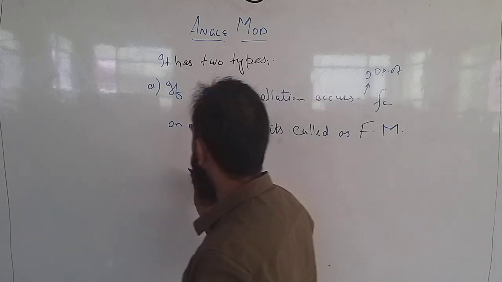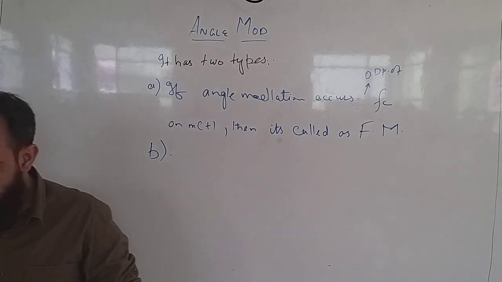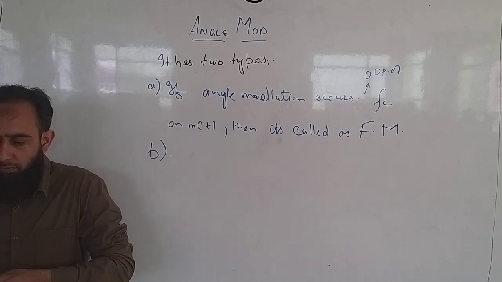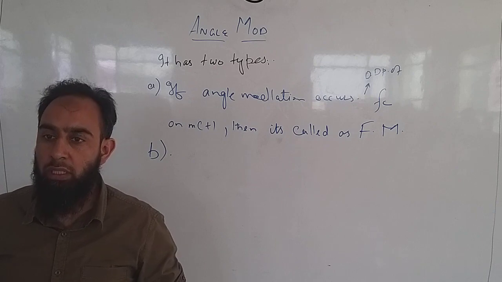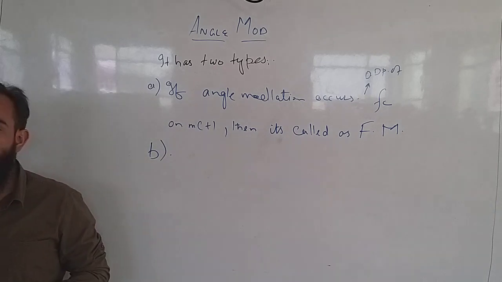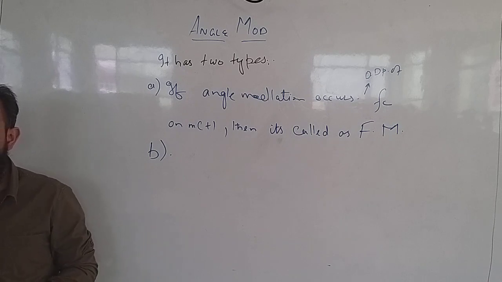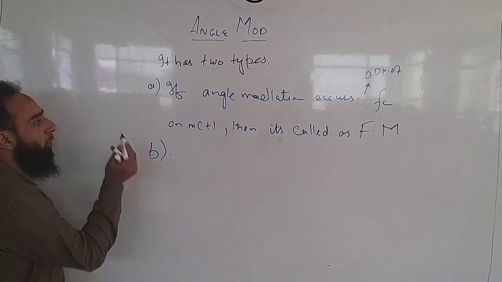However, in the second case, if angle modulation occurs due to dependence of phi, yeah, this is type number 2. Eyes on board is important.